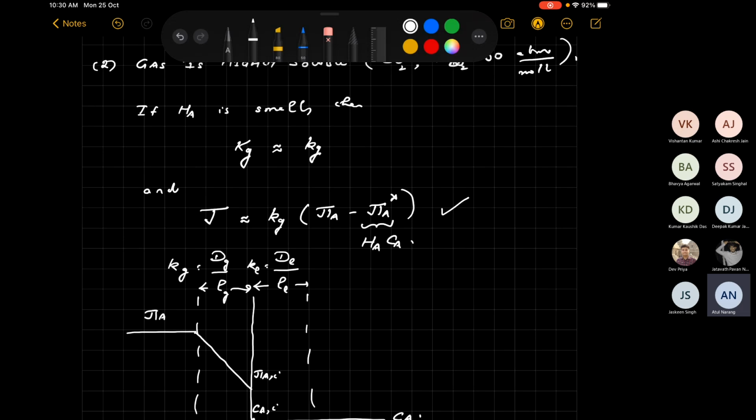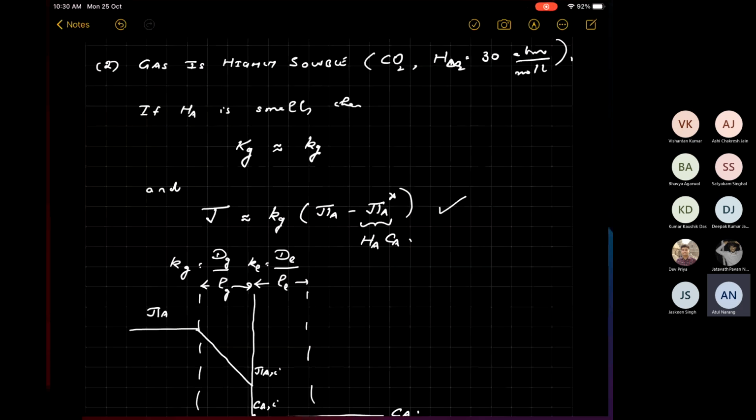But these boundary layers tend to shrink depending on the agitation. The more you agitate, the lower the thickness of the boundary. So if you're agitating the liquid massively, LL will go down, and that is how one rationalizes the increase in KLA.